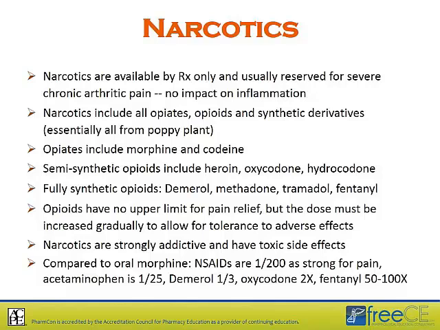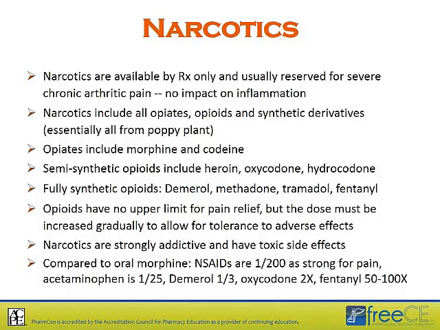Opioids affect people quite differently, and they have no upper limit for pain relief. But whatever dose is decided upon, it must be increased gradually to allow for tolerance to adverse effects. The main downside to narcotics is that they are strongly addictive and have toxic side effects.